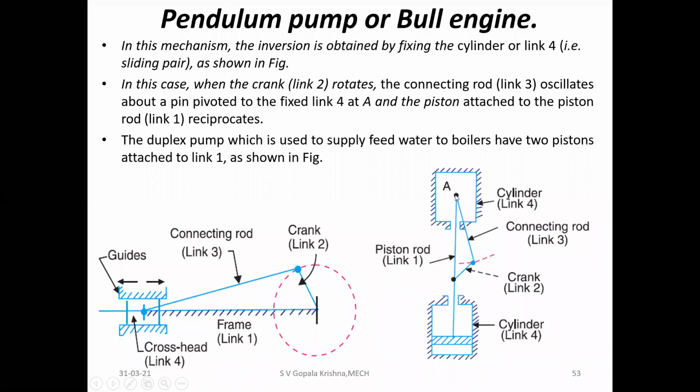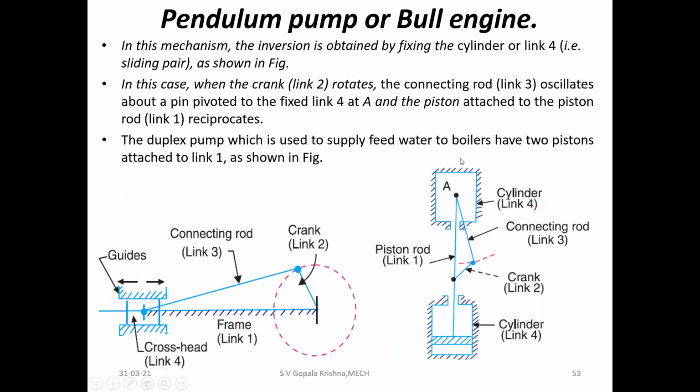When the piston is reciprocating, it also gives motion to the other piston and the other cylinder. Once the motion is achieved here, the other cylinder also works. Two cylinders are there, and in both cylinders the function is happening.